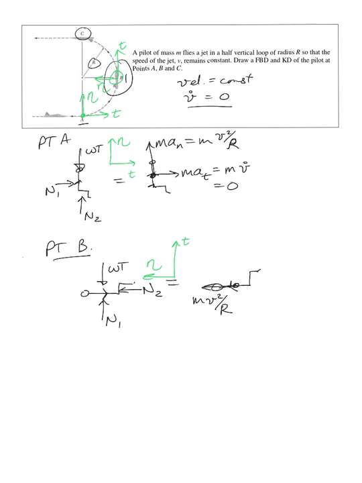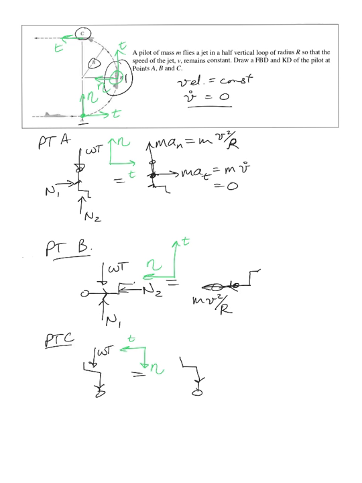Go ahead and look at C. We end up with a pilot that is upside down. It's not the best picture, but I think you get the idea. Up at point C, the tangential direction would be to the left, and the normal direction, again, would still be towards the center of the circle. So again, notice in all three of these positions, we're using normal tangential, and the orientation of those directions has changed.